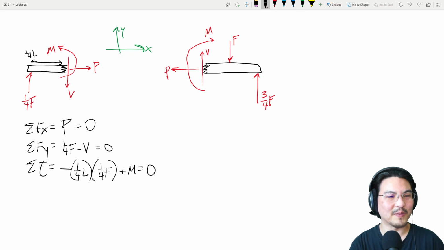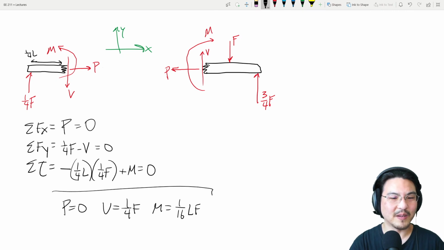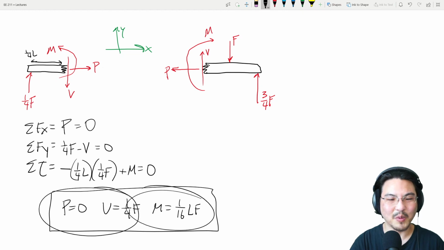Okay, so now let's solve for our 3 unknowns right here. P, 0, right here. V, 1/4 F. M is positive 1/16 LF. Okay, so there we go. We got the internal forces and moment.